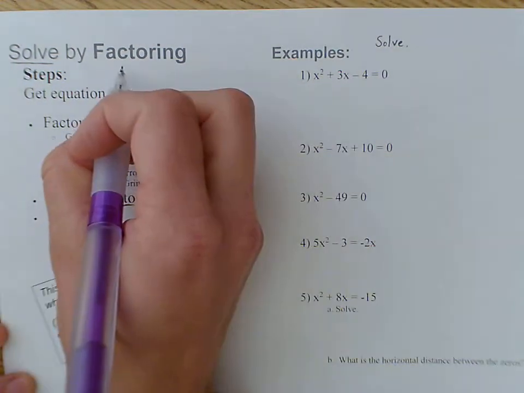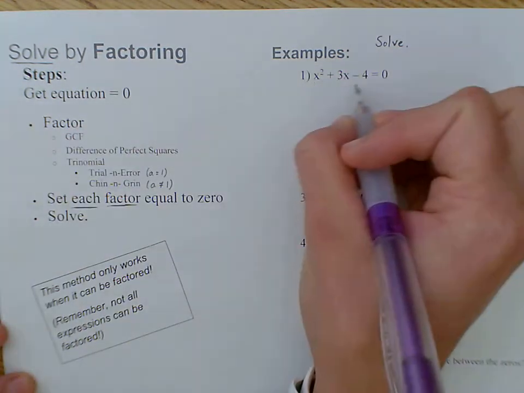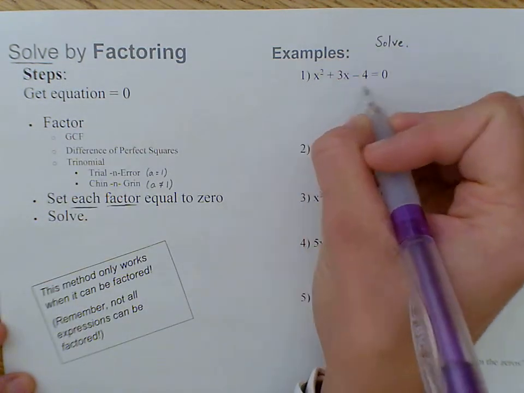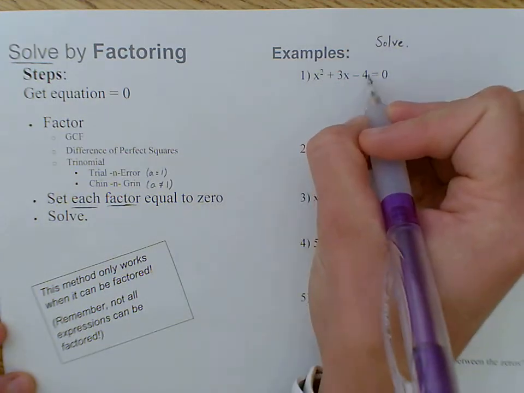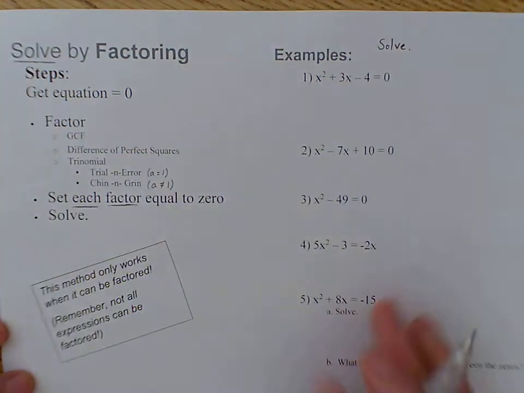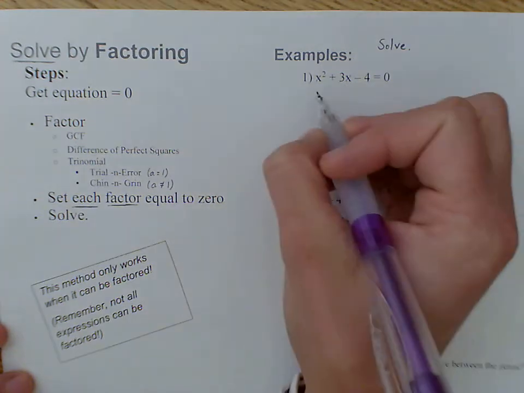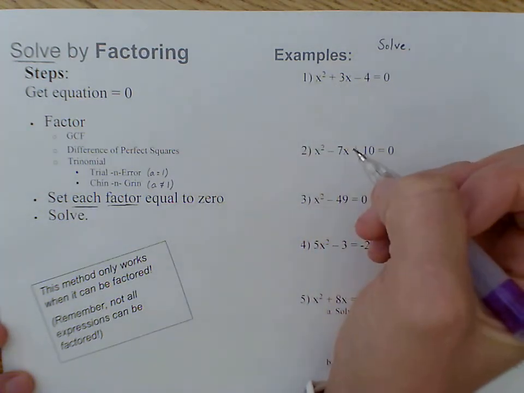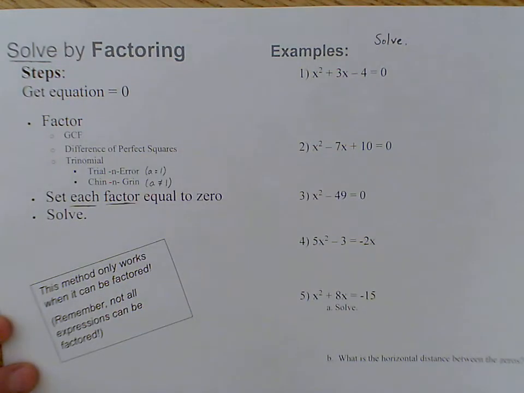Then if I'm trying to solve it by factoring, I'm going to try to factor it. So I'm going to look at the part on the other side from the 0, this part right here. I'm going to ask, does it have a GCF? Do these terms have anything in common? And no, there's not anything that they all have in common besides 1, so it doesn't have a GCF I have to factor out.